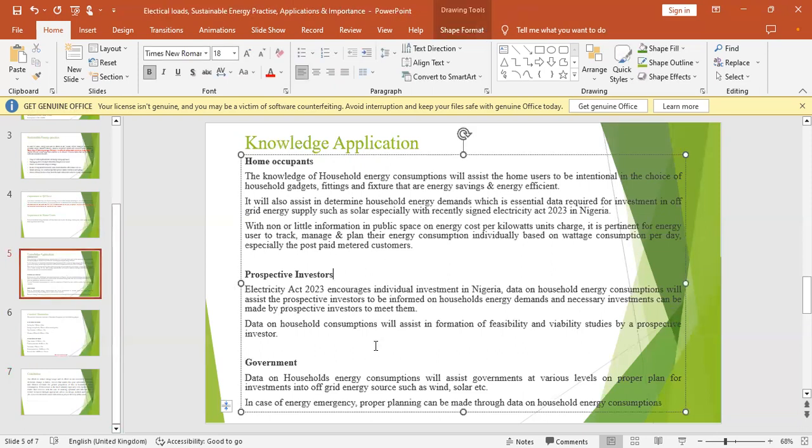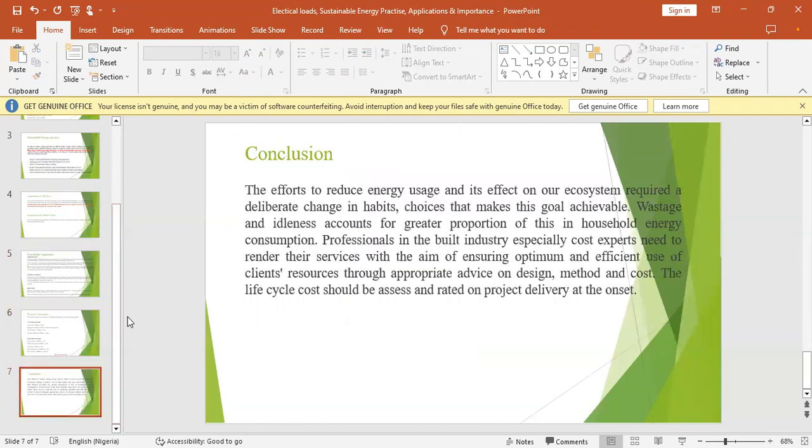Though at the onset, the cost implication of providing alternative energy source like solar, like wind may be high, but by the time you compute the running cost over a life cycle of a building, you'll see that it's a wise choice for you to do off-grid energy like solar. Thank you for listening.